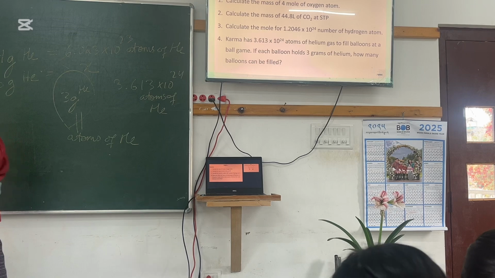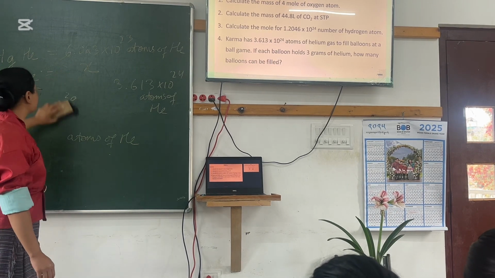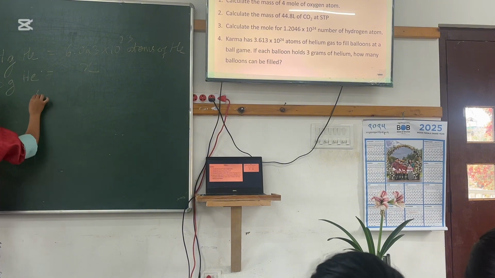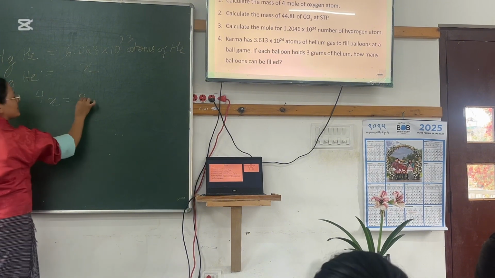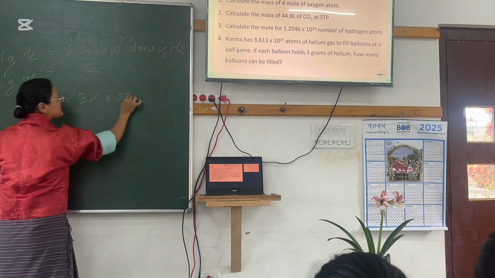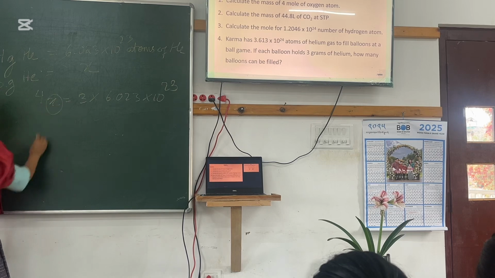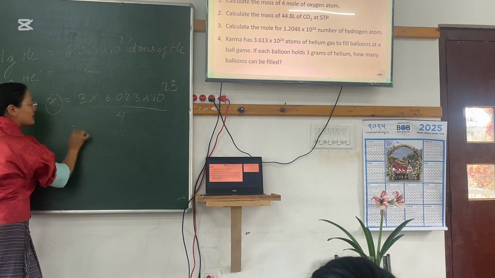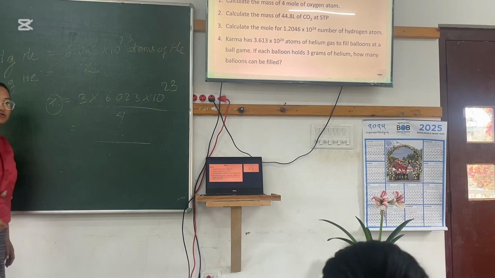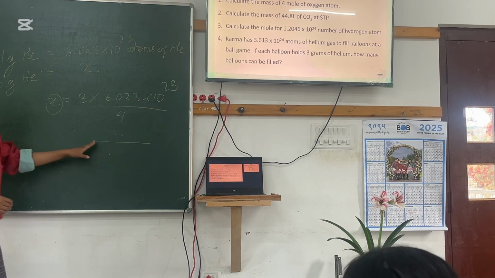So how many atoms are present in that 3 grams? 4 gets multiplied with x, so we have 4x equals Avogadro's number times 3, which is 3 times 6.023 times 10 to the power 23. This 4 goes into the denominator. Here, please do not round it off. Keep as many decimal places as possible.